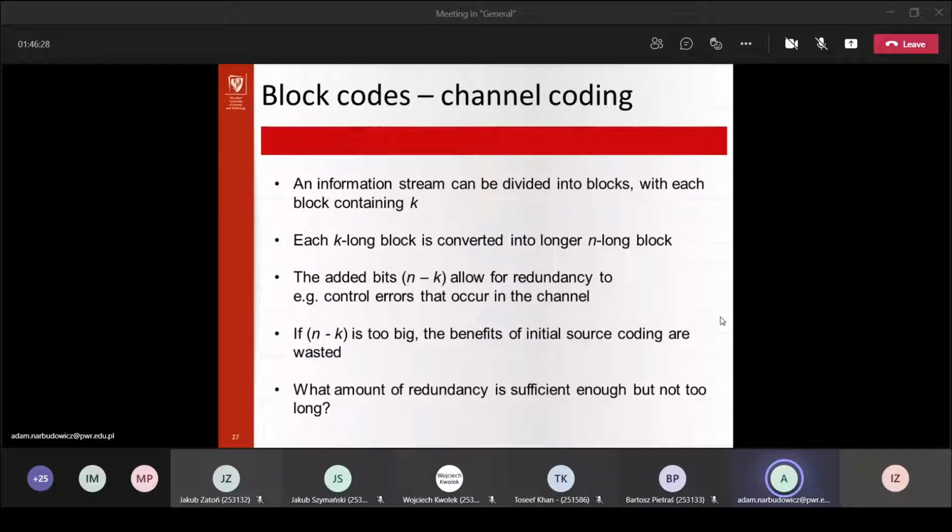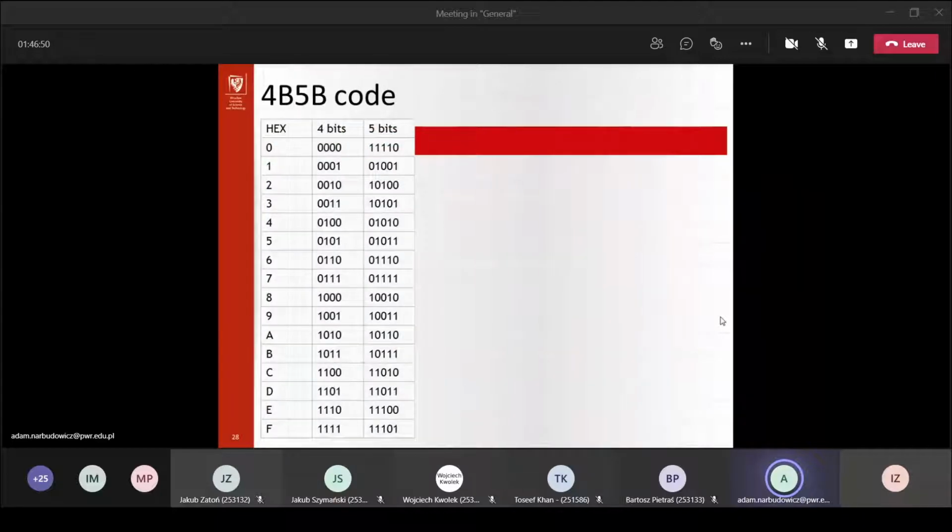But so what's the amount of redundancy that does the job, but does not extend your block too long, so that you need to use more redundant than meaningful bits, or more redundant information than meaningful information. Okay. Now, one of the examples here is the 4B 5B code.